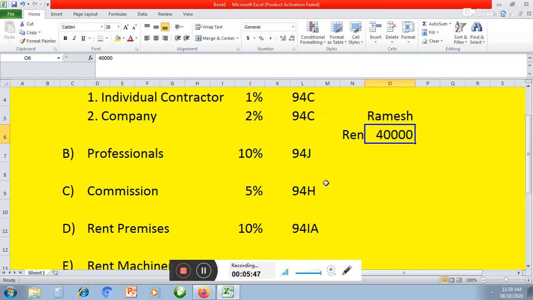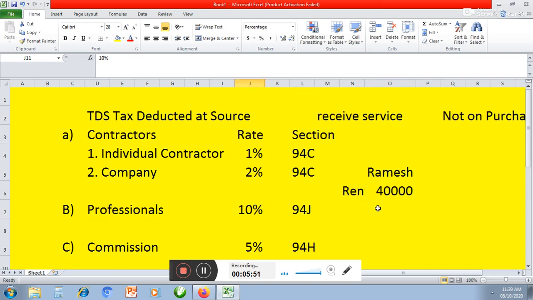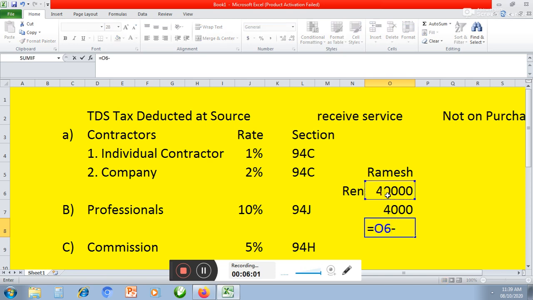For rent of premises I have to deduct 10% TDS. 10% of 40,000 is 4,000. So I will pay 36,000 rent to Ramesh. Remember, this 4,000 that I deduct is not my income. Whatever I deduct, the TDS, I have to pay to the government.